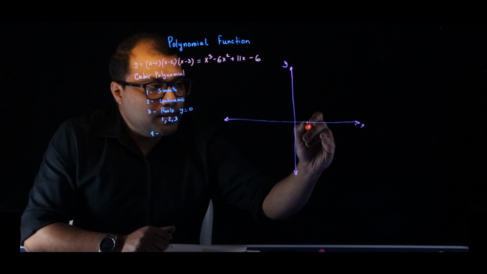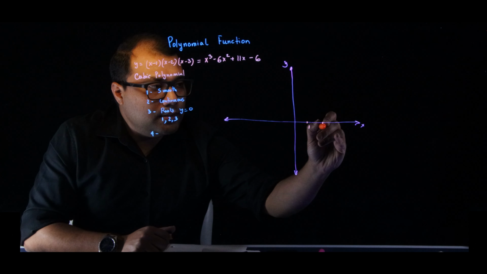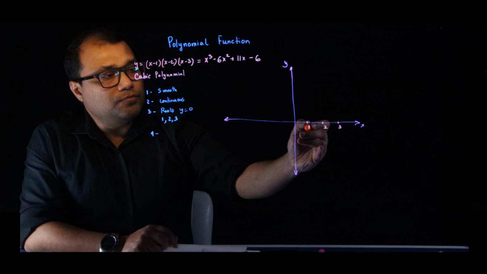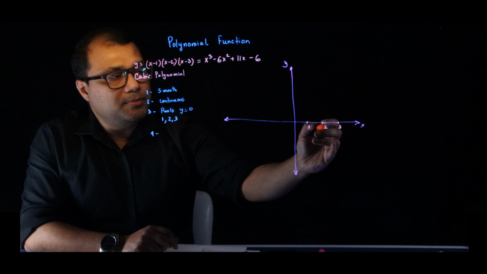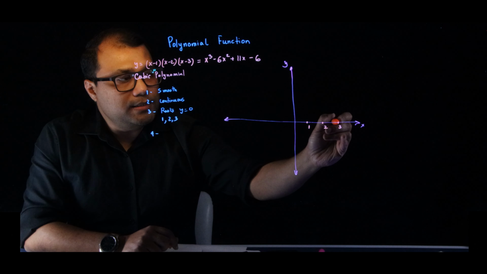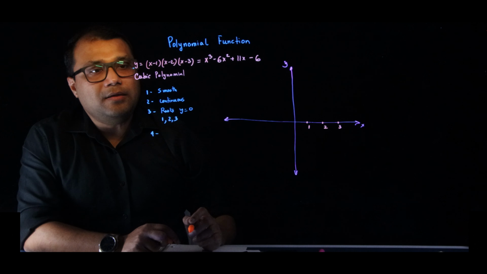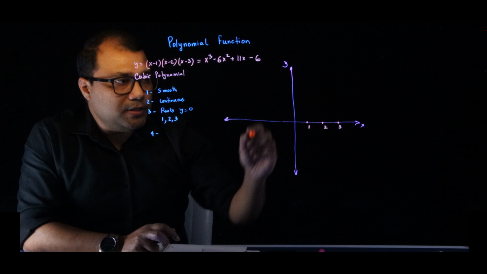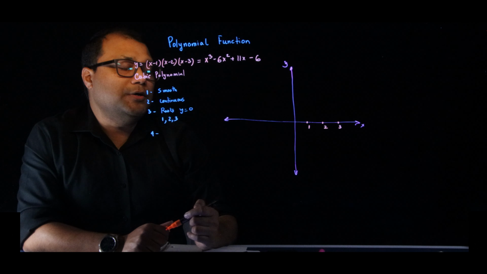So we know that these 3 points, x equals 1, y is 0, (1, 0), (2, 0) and (3, 0), are 3 points that lie on this smooth continuous curve. Now we need to find out what the shape of that curve is.